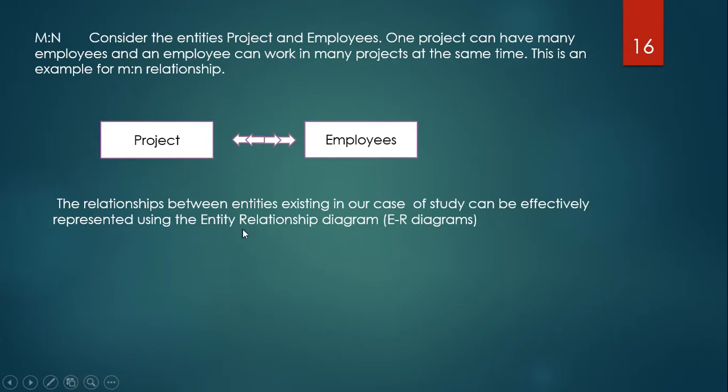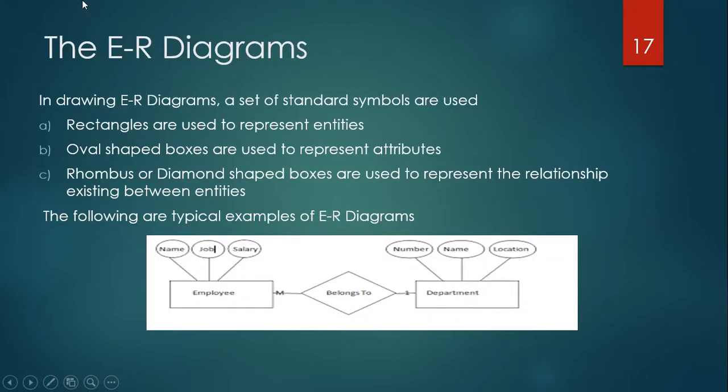We will effectively use the entity relationship diagram, the ER diagram. The ER diagrams are also usually asked from the exam point of view. There are questions based on ER diagrams. So now what is an ER diagram? An ER diagram shows the relationship between different entities in an institution or in an organization. What type of relationship is existing.